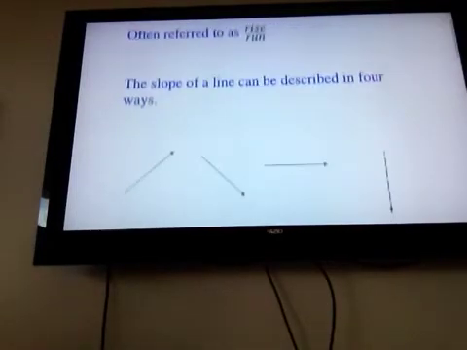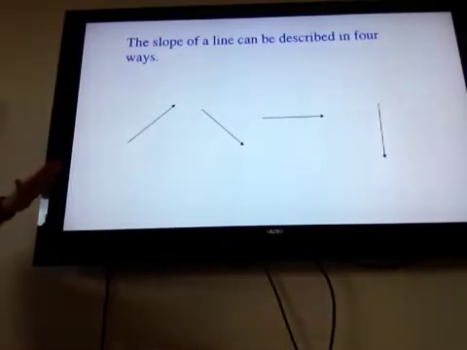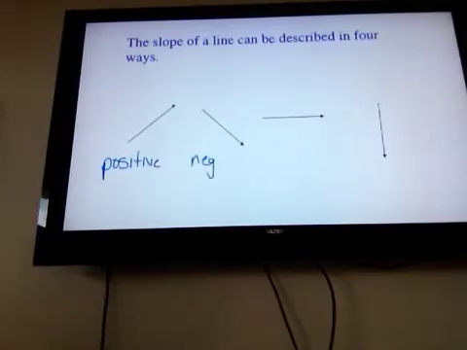Okay? The slope of a line can be described in 4 different ways, or you have 4 kinds of slope, I should say. The one on the left, going up from left to right, that is a positive slope. The one that goes down from left to right is a negative slope.